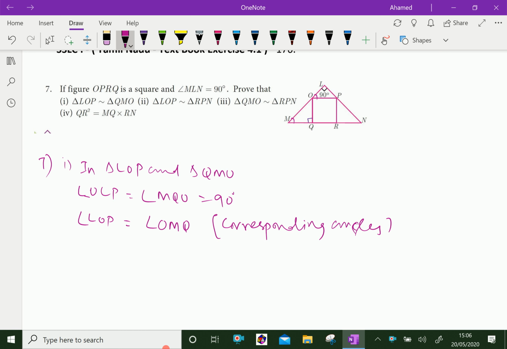Therefore, you can say triangle LOP is similar to triangle MQO. Reason is AA criterion of similarity.